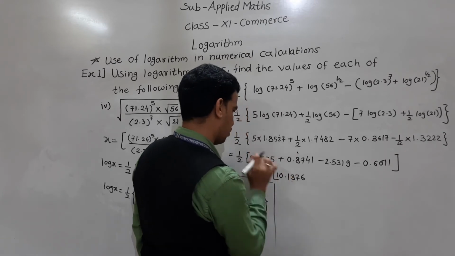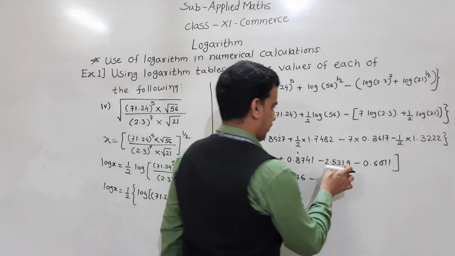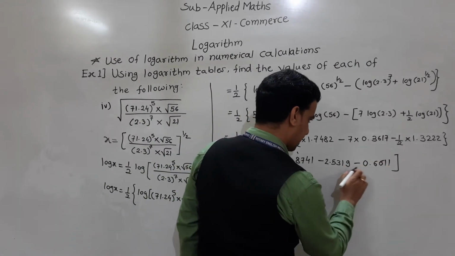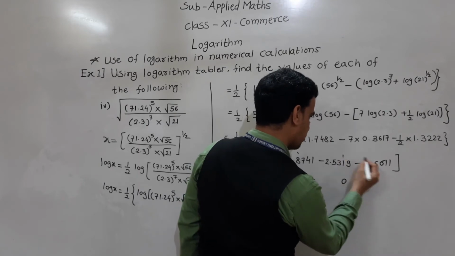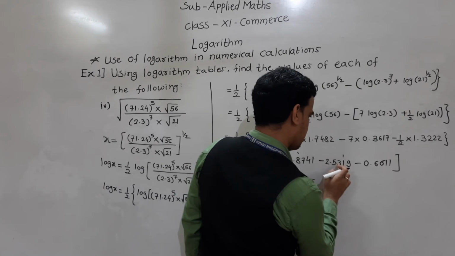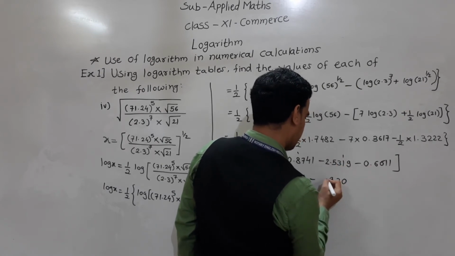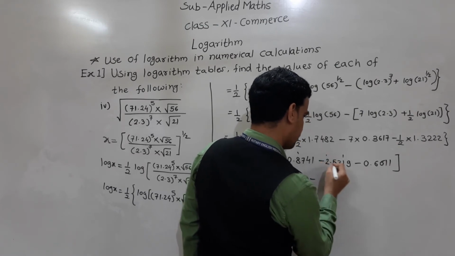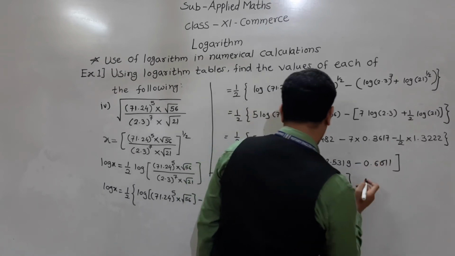So 10.1376 minus, if we add these two numbers, 9 plus 1 10, 1 plus 1 2 plus 1 3, then 6 plus 3 9, 6 plus 5 11, 2 plus 1 3. Okay, now we have to subtract this 2.